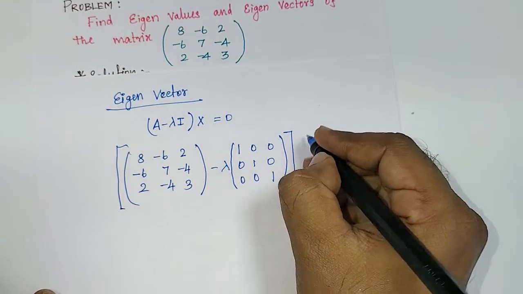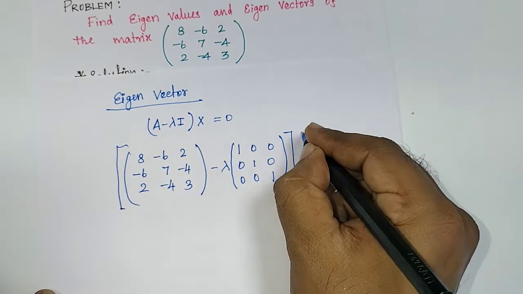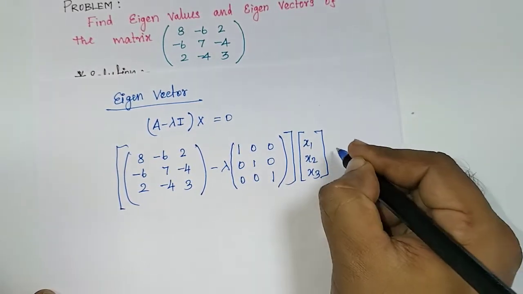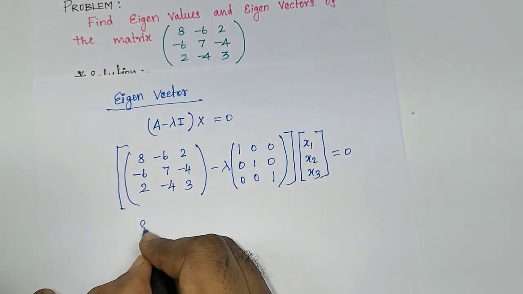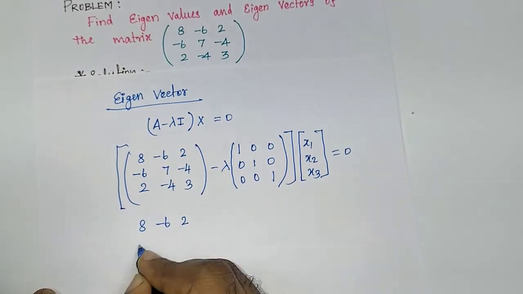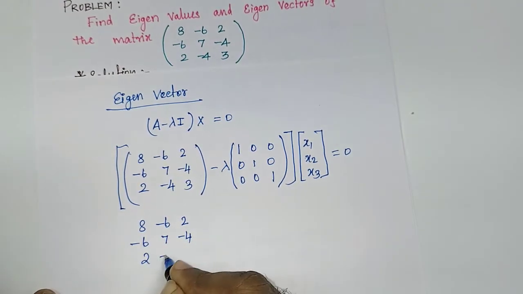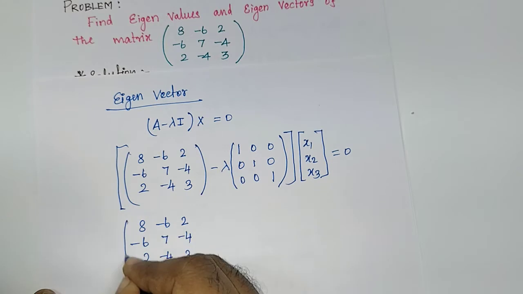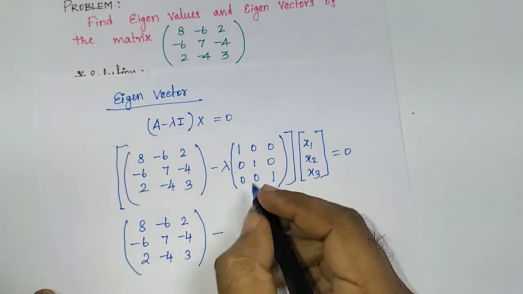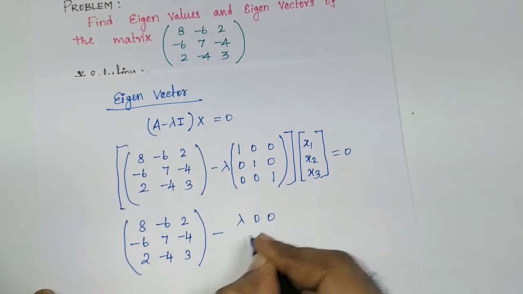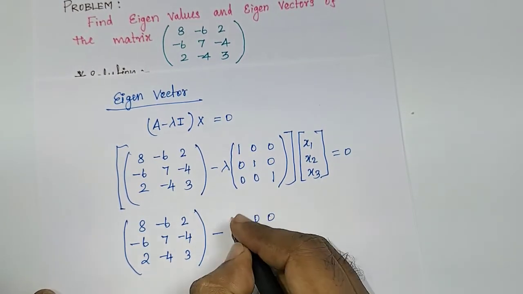This capital X we have to find, that is the eigenvector x1, x2, x3, is equal to 0. So again I'm writing 8 minus 6 2, minus 6 7 minus 4, 2 minus 4 3, minus lambda multiplied with the identity, which gives lambda 0 0, 0 lambda 0, 0 0 lambda.